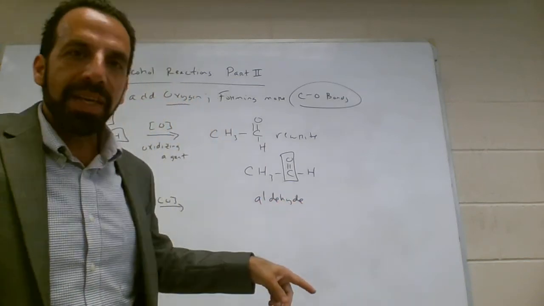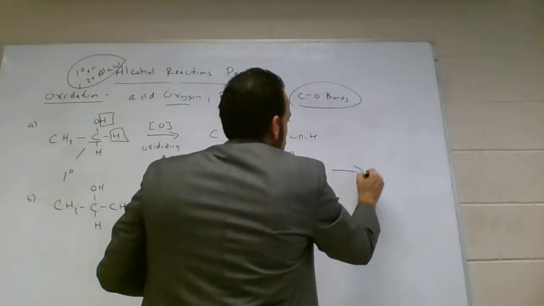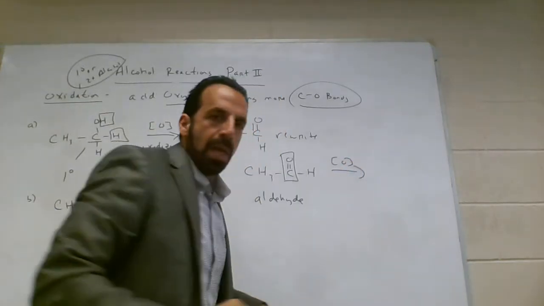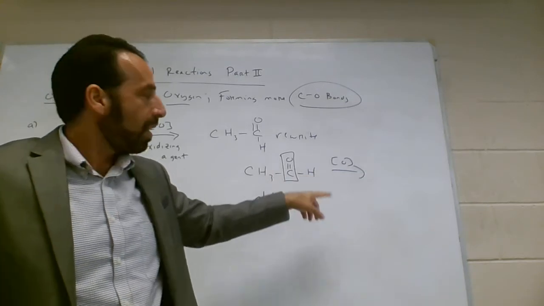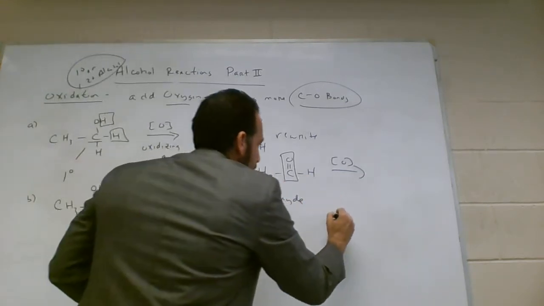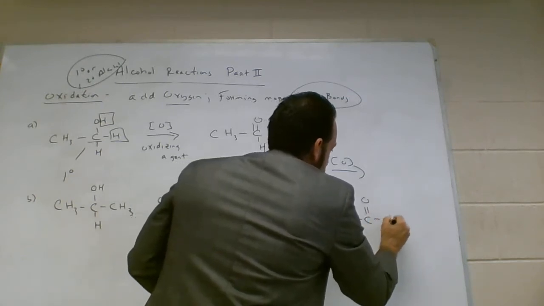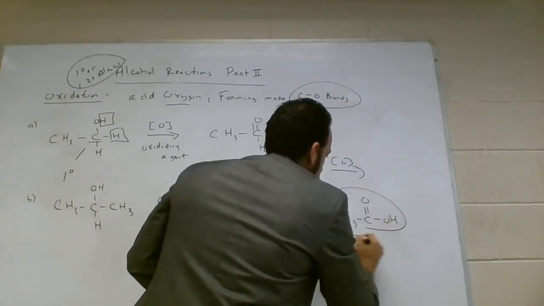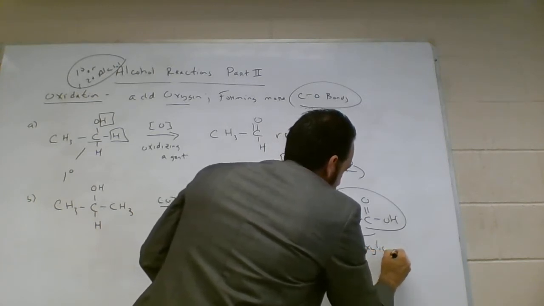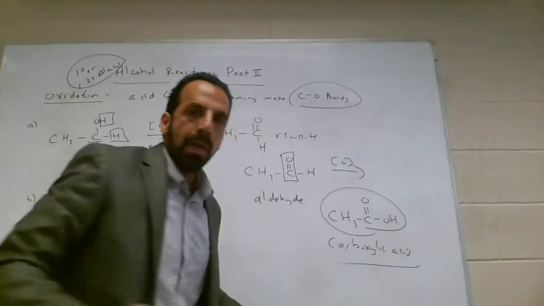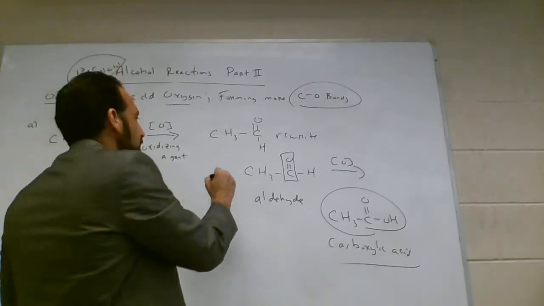Now, one thing about this: these aldehydes get oxidized further. What's going to happen is I'm going to form what they call a carboxylic acid. I'll lose this hydrogen right here, and I'm going to form this. So basically, this aldehyde is an intermediate step.